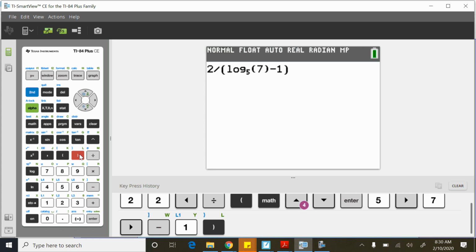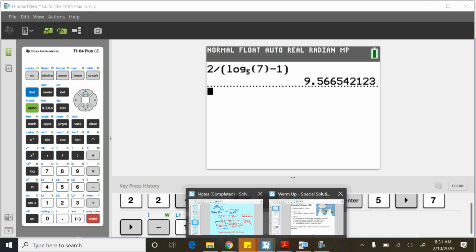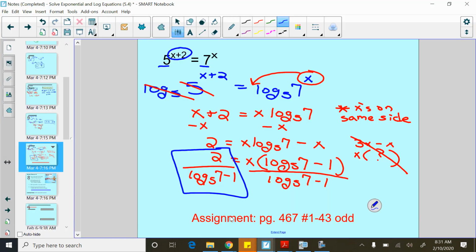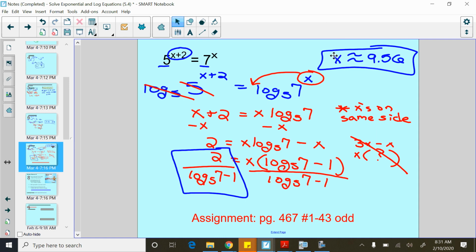So be really careful, because it's very easy to make a calculator mistake on this type of problem. And now you get approximately 9.56. That is your final answer. So we end up with x approximately equal to 9.56. Okay, so that's a few more examples about properties that are talking about exponents and exponential form.